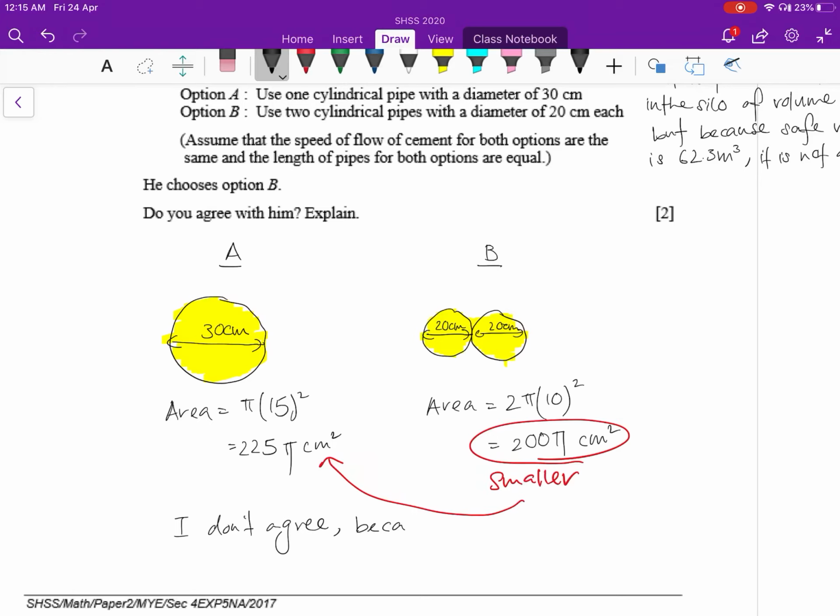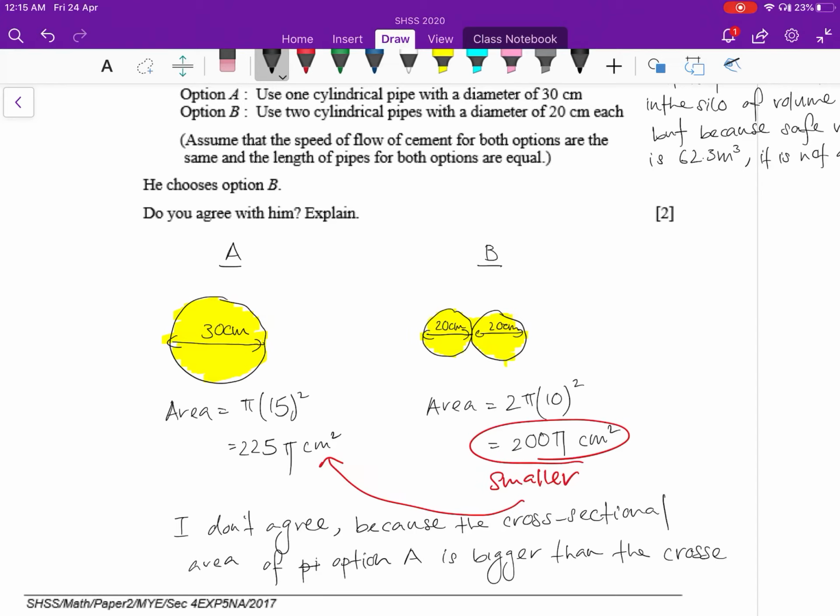Explain, because the cross-sectional area of pipe A, of option A, is bigger than the cross-sectional area of option B.